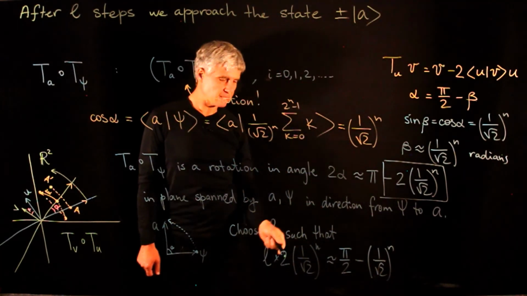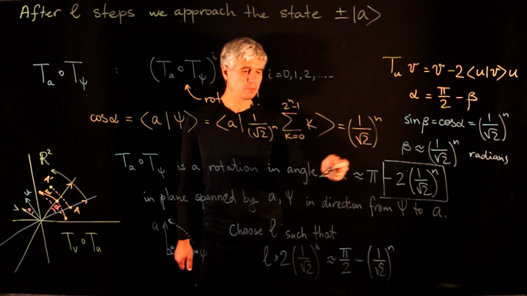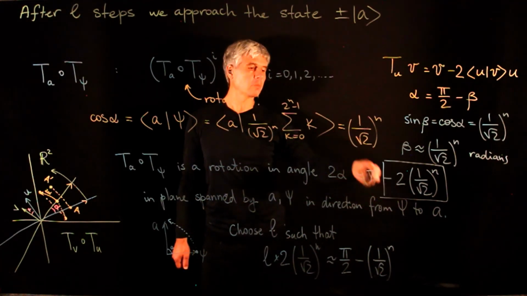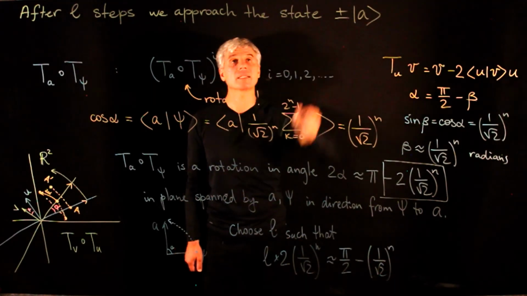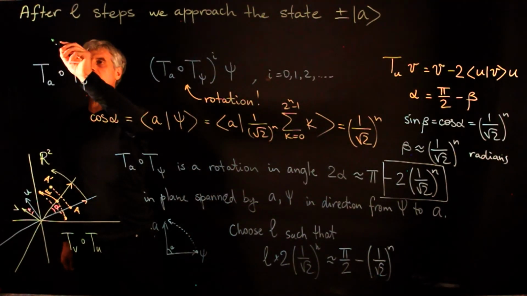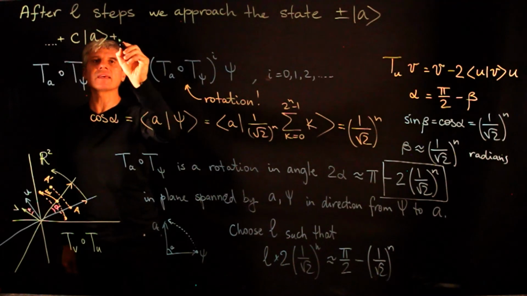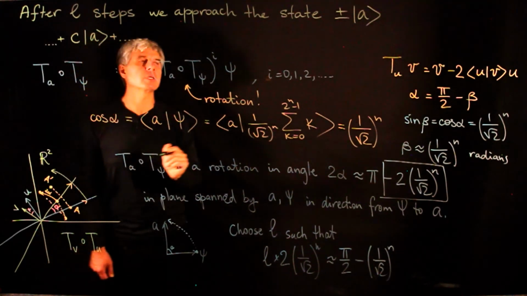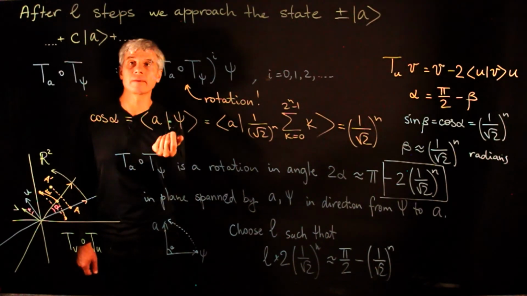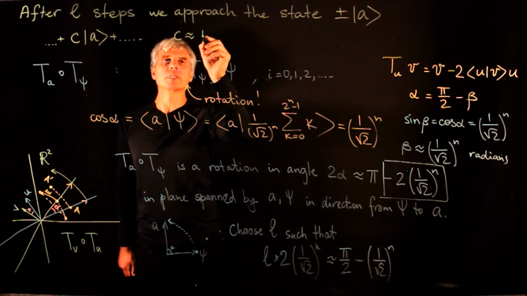Well, it will be plus if L is even, because of this pi. And if L is odd, then we'll get an extra pi, and so it will be minus A, but that doesn't matter. So we get a state whose coefficient at the term with A will be close to plus minus 1. So C is plus minus 1.